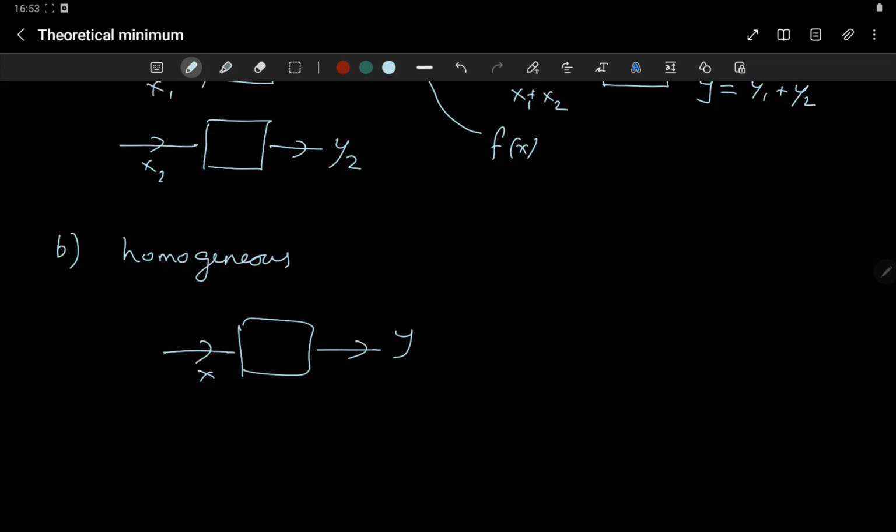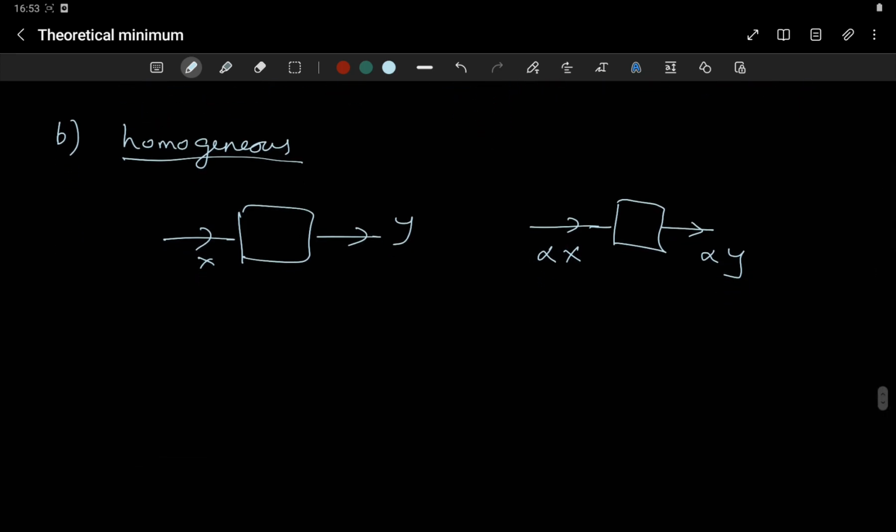If I scale the x by some alpha and send it to this box, it's going to give me some y, but that y is also scaled by the same alpha, then this property is satisfied. If those two properties are satisfied, then I can say f of x is linear.